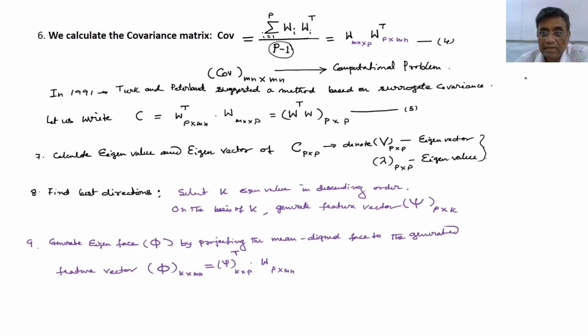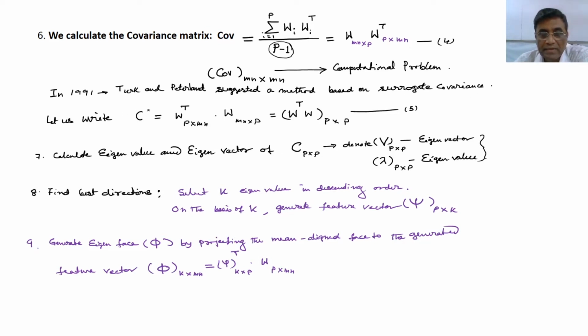As you can see, if M equal to 256, N equal to 64, or 128 or whatever, it will be really, really problematic to deal with such a huge matrix. So that's the reason that in 1991, Turk and Pentland, whose paper we have referred to, suggested a new method based on a surrogate covariance.